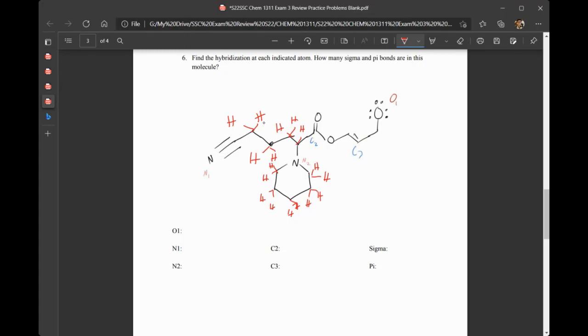That one already has one. That's 1, 2, 3, 4. That one has one. And then 1, 2, 3. We draw one here. And then 1, 2. Then 1. So we have 1 here, right? And for this carbon, there's 1, 2, 3, and then there's 4. And then there is here and here.